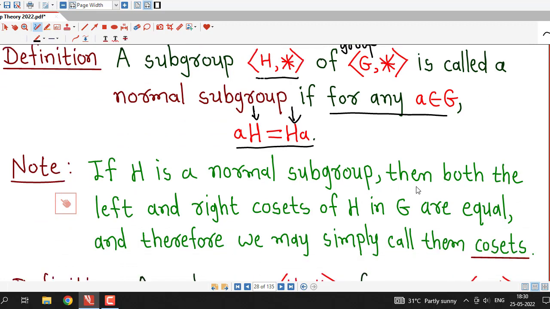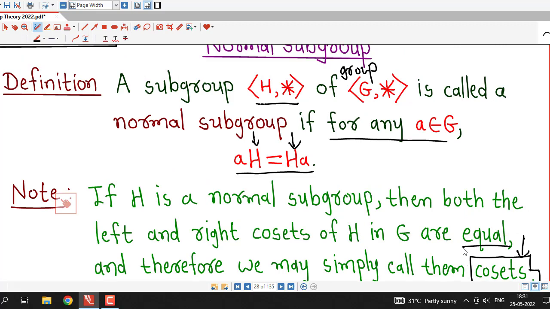If H is a normal subgroup, then both the left and right cosets of H in G are equal, and whenever we have a normal subgroup, we will not consider left and right cosets. We will simply use the word cosets, because in the case of a normal subgroup, left and right cosets are equal. So whenever we are discussing normal subgroups, we will use the word cosets.